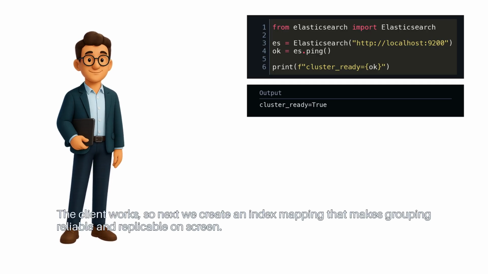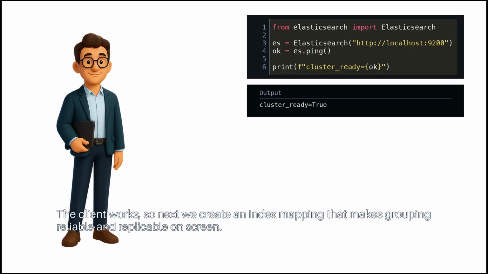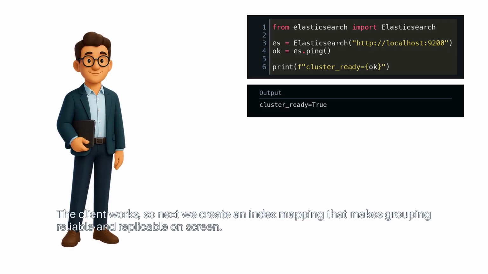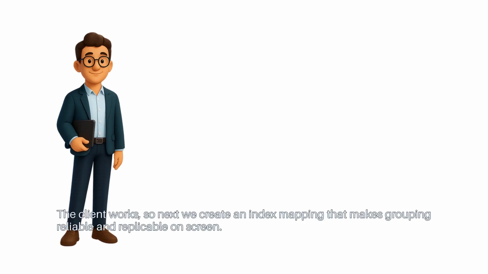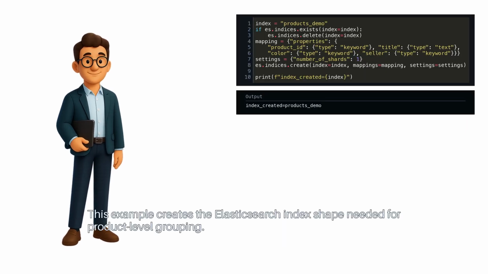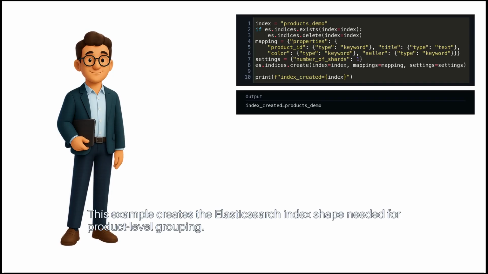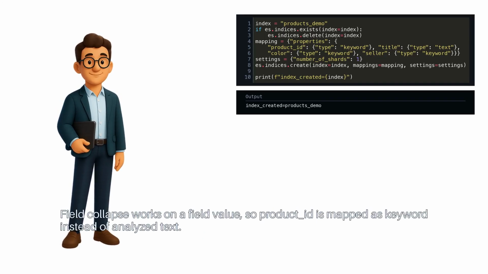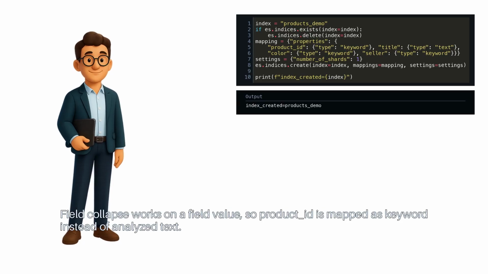The client works, so next we create an index mapping that makes grouping reliable and replicable on screen. This example creates the Elasticsearch index shape needed for product-level grouping. Field collapse works on a field value, so product ID is mapped as keyword instead of analyzed text.